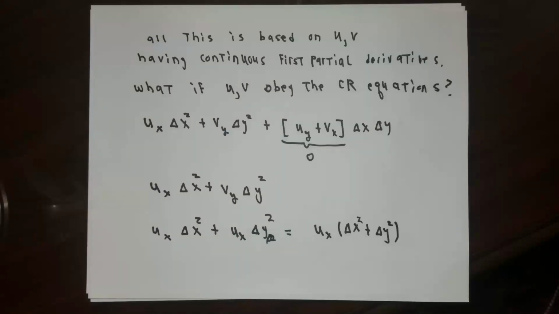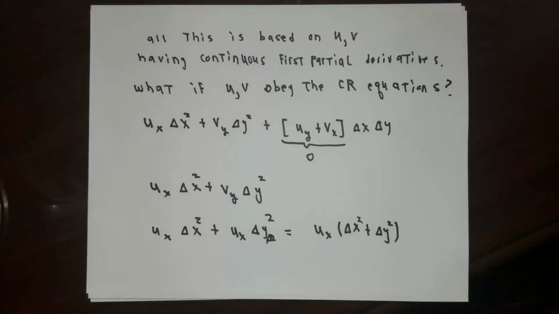What if we assume, in addition to the continuous first-order partial derivative idea, that u and v obey the Cauchy-Riemann equations? One of the two Cauchy-Riemann equations is that the partial derivative of u with respect to y is the negative of the partial of v with respect to x.